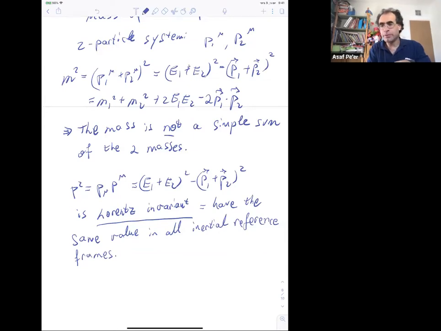This has actually quite an important experimental meaning, because what we do in particle physics, how do we discover a new particle, right? You take a particle, let it decay, essentially, to other particles. So if a particle decays into two particles, then this invariant mass, this is called the invariant mass.